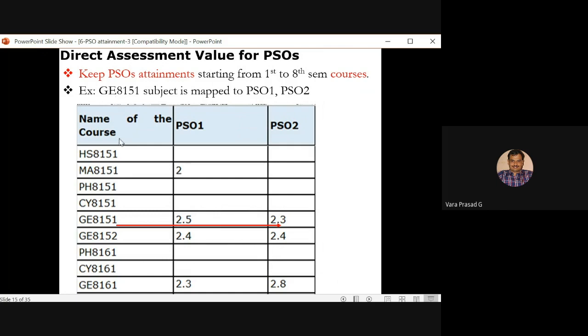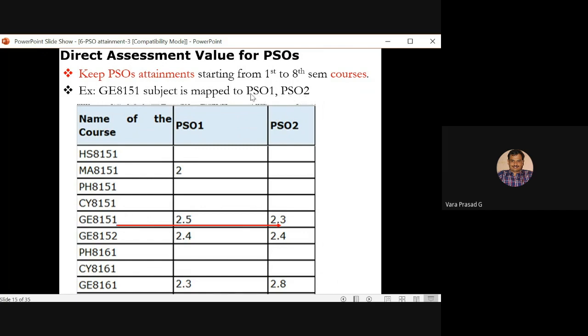Now, I am assuming that there is a subject called GE 8151. This particular faculty has mapped PSO1 and PSO2. Once he finishes this subject, at the end of the year, after getting the result of the university exam, you ask him for the attainment of PSO1 and PSO2.